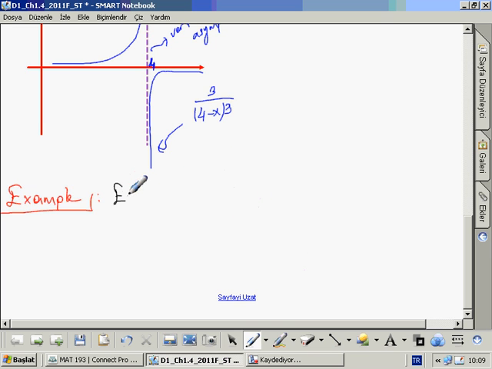Evaluate the limit as x approaches 0 from the right hand side of ln of x.